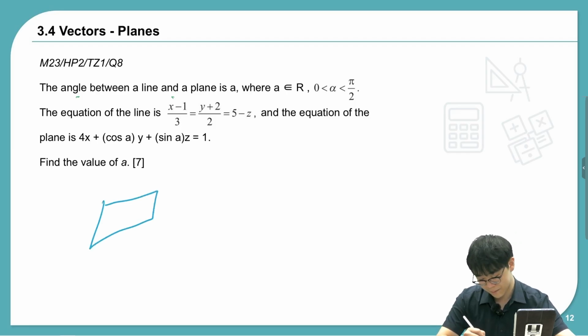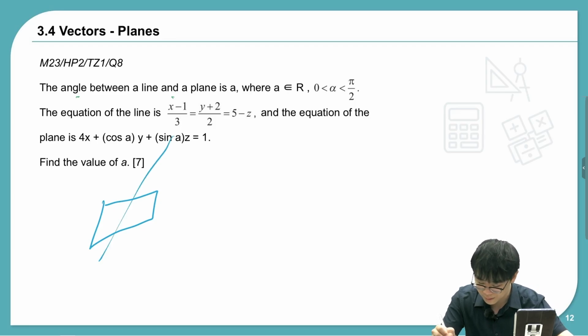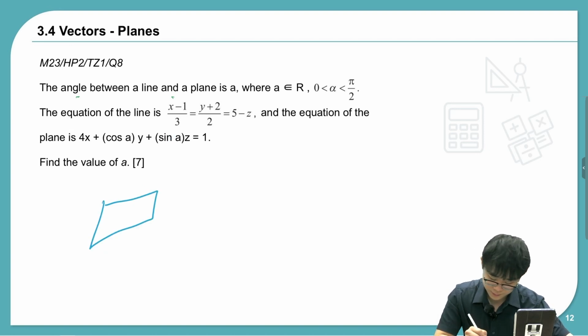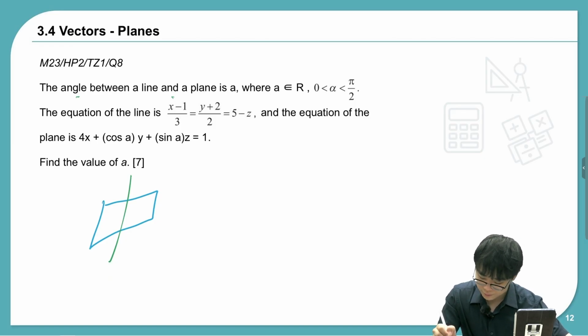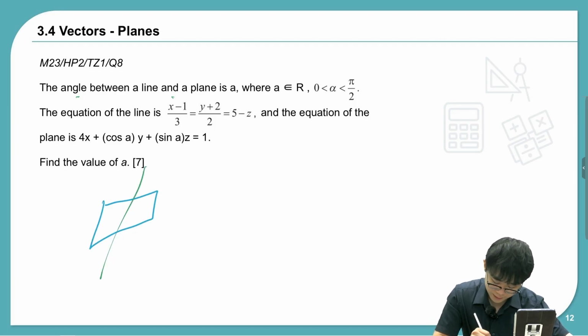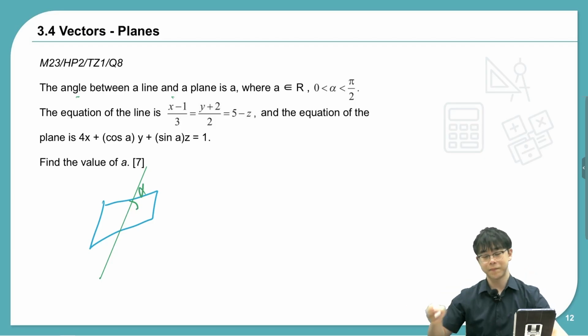and you would say there's a line, right? So if you have a line that goes through this, the angle is given to be alpha, right? So if you just draw a line like that, you would just end it saying this is alpha.